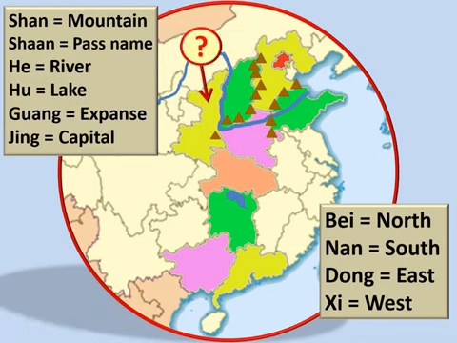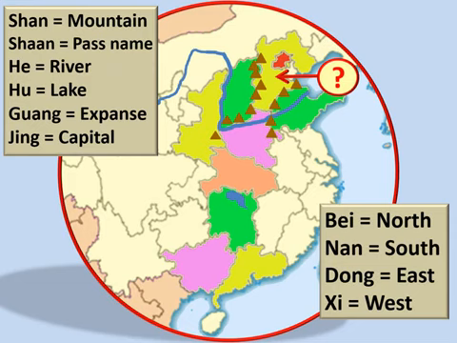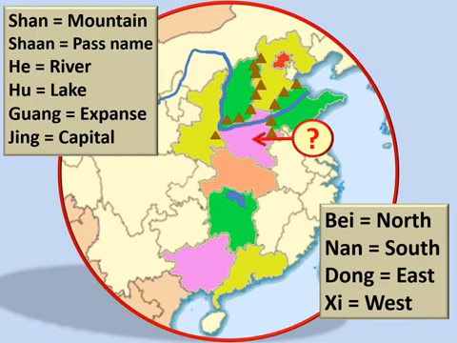In the province to the west of a certain named pass? 陕西. That's right. Okay, what is the province north of the river? 河北. You are correct. South of the river?